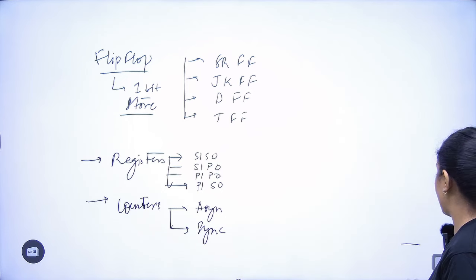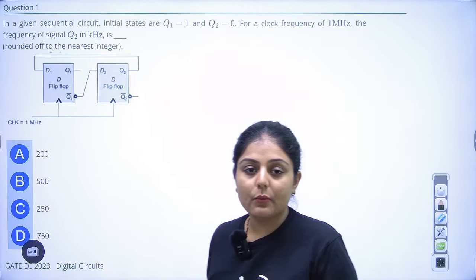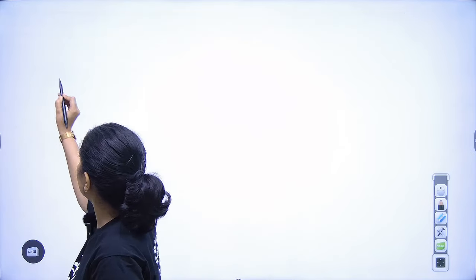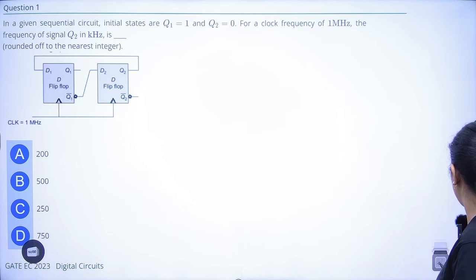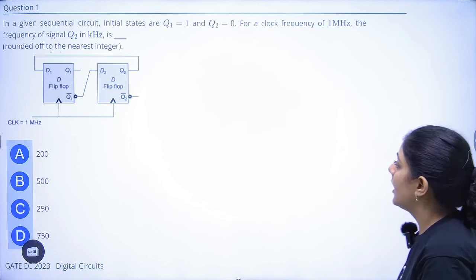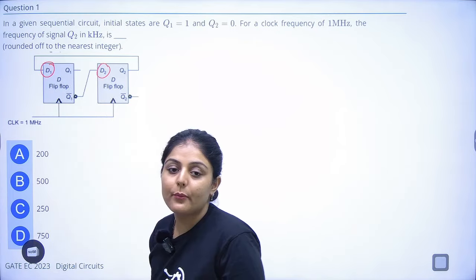Moving on to the first question. Okay, so the first question says that in the given sequential circuit, two flip-flops are given. One is D and the other is also D, D1 and D2.